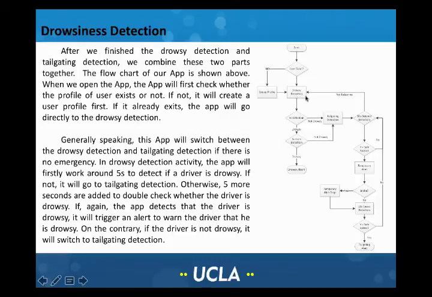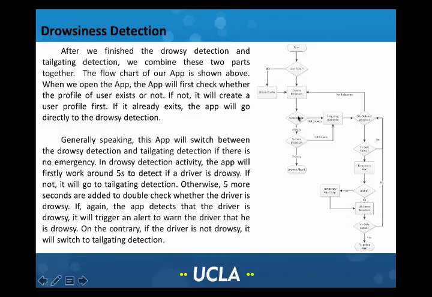Generally speaking, this app will switch between the drowsiness detection and the tailgating detection if there is no emergency. In drowsiness detection activity, the app will first work for around 5 seconds to detect if a driver is drowsy. If not, it will go directly to the tailgating detection.